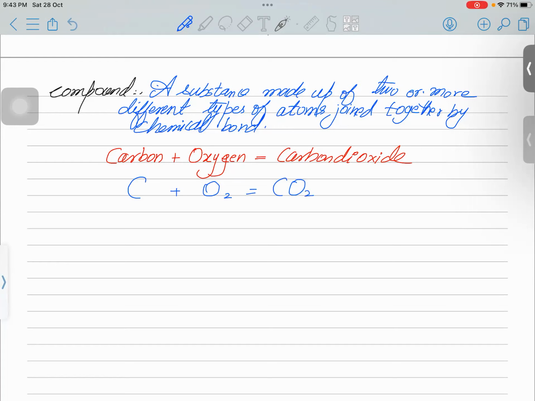This is an element, this is an element, this is a compound. Or you can say that it is a molecule. It is a compound.